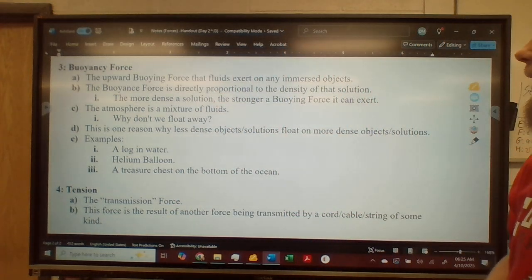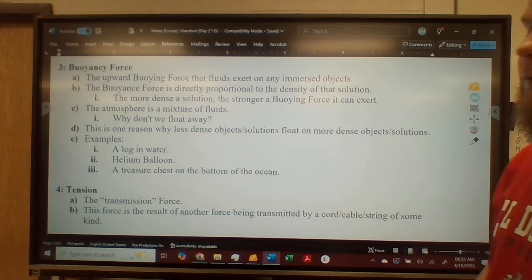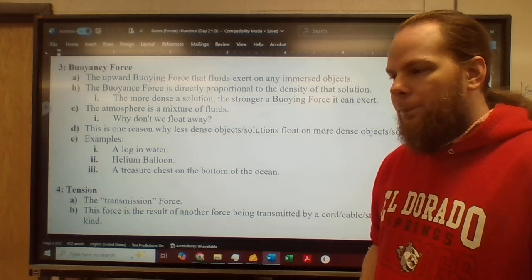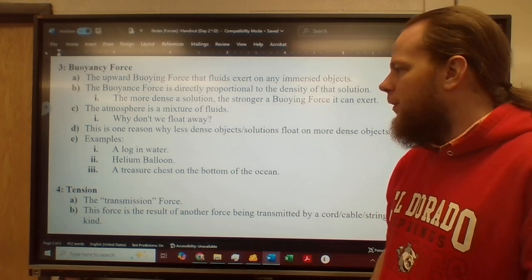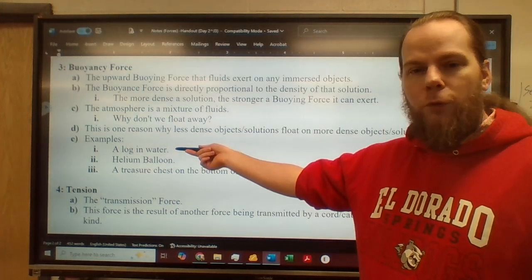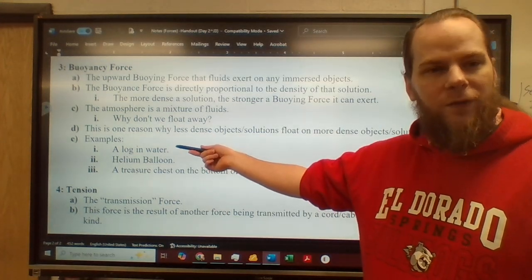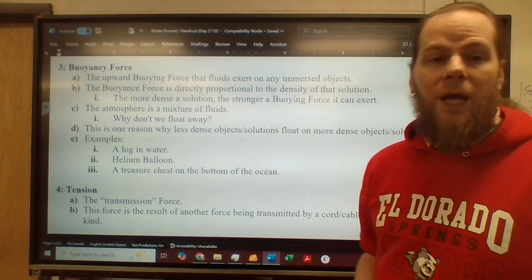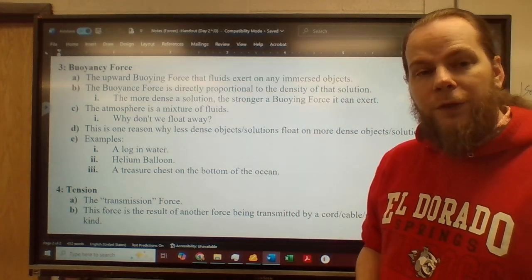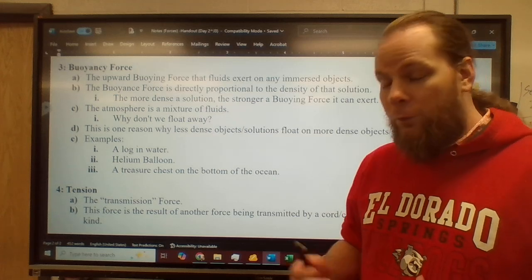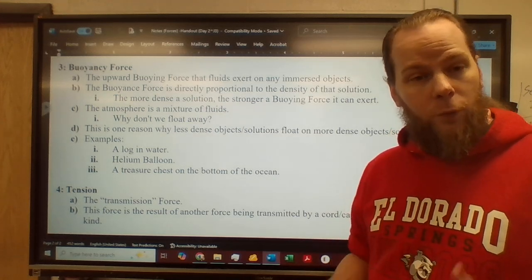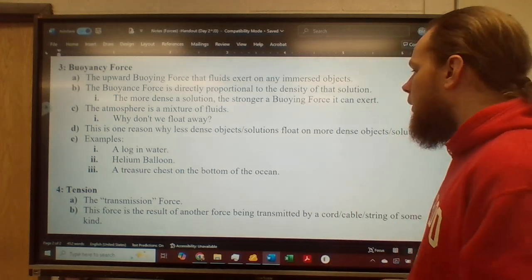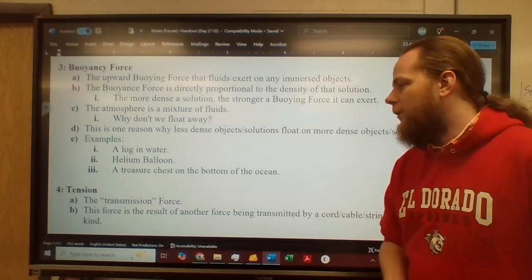Less dense objects float on more dense fluids. I feel like that's pretty self-explanatory. Logs will float in the water because the wood is less dense than the water. A helium balloon will float away in the air because the buoyancy force of the air is very, very strong compared to the weight of the helium. And then a treasure chest on the bottom of the ocean.